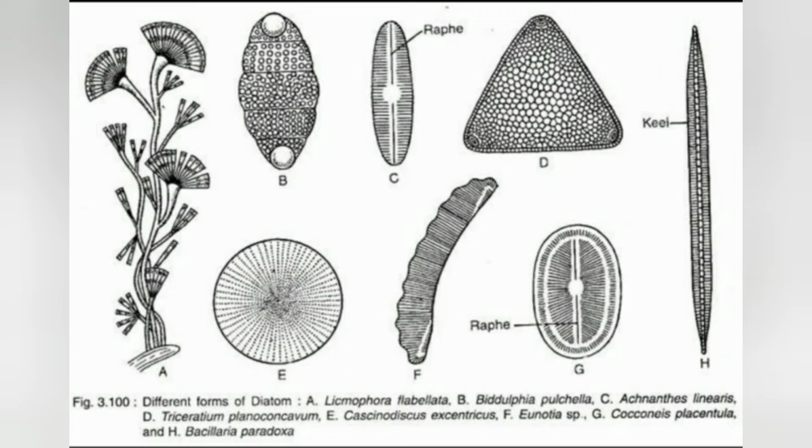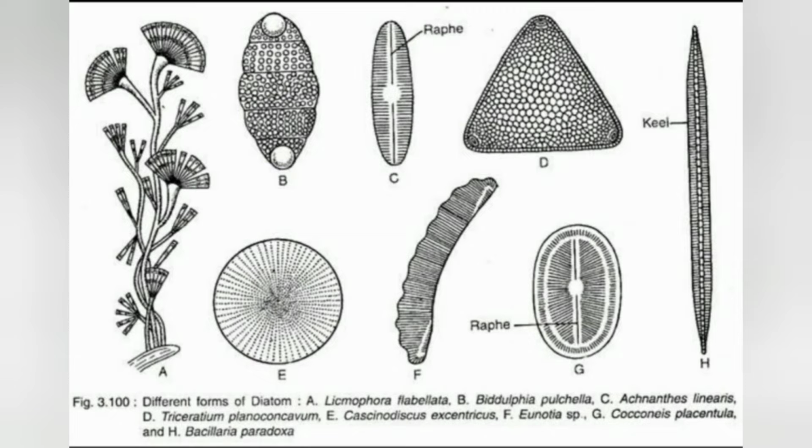Diatoms have been named the jewels of the plant world. Why? Because of their diverse forms, and not only their diverse forms, but also very delicately designed wall markings, being objects of great beauty.